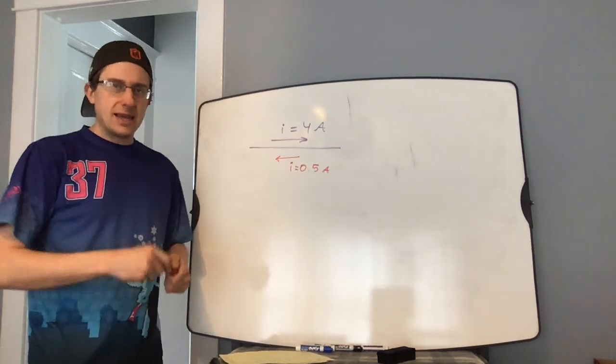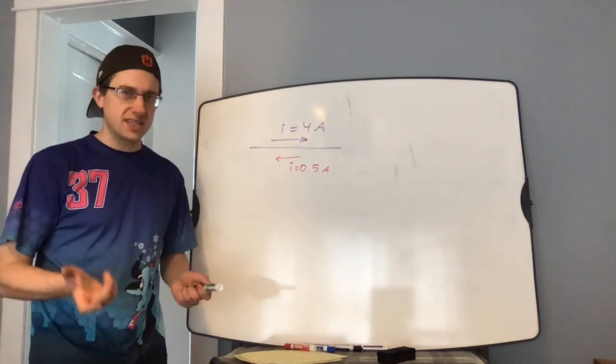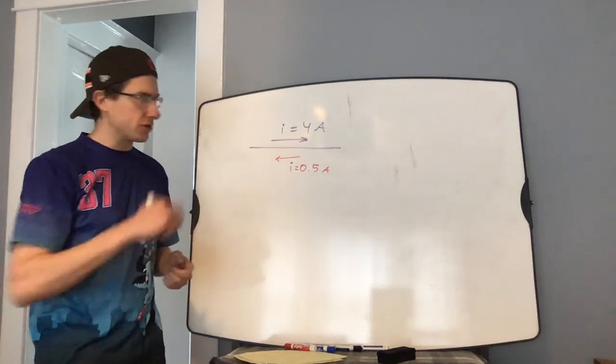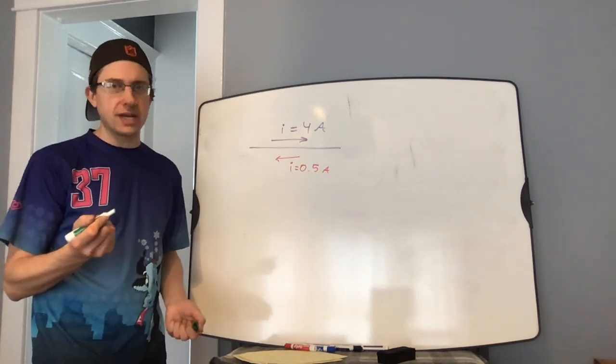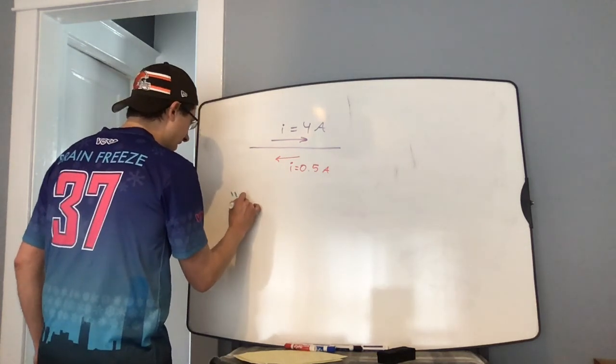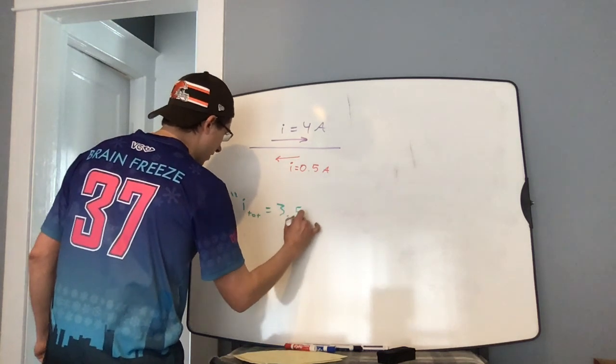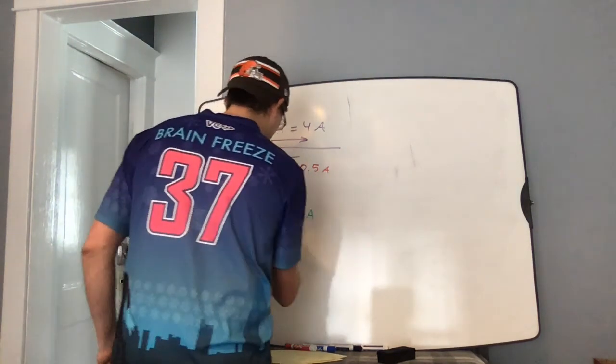Well, if I combine the effect of both of these currents together, I have 4 amps flowing to the right, I have 1/2 amp flowing to the left. So I could kind of think of this as like the total is 3.5 amps to the right.